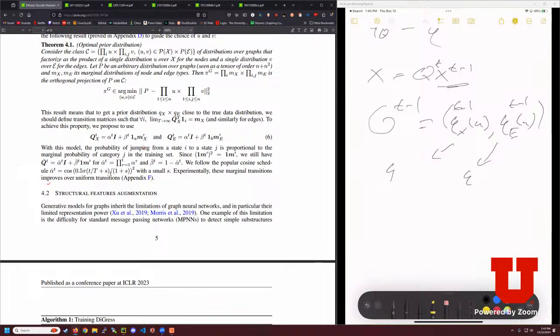Because in the DDPM process, you have some alpha T stuff, making sure that as T gets larger and larger, alpha T approaches one. Or in other words, as you proceed, your noise should be smaller and smaller.